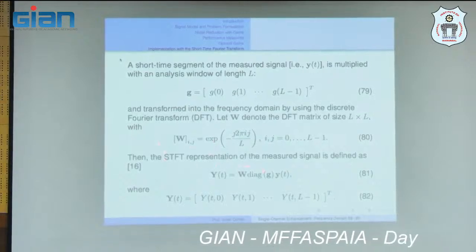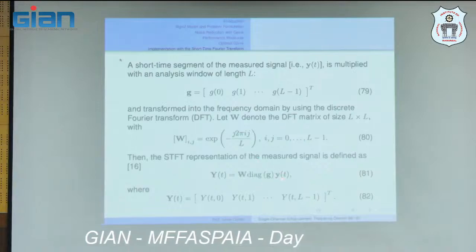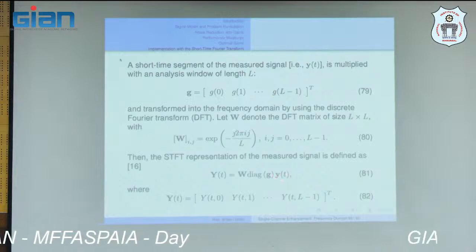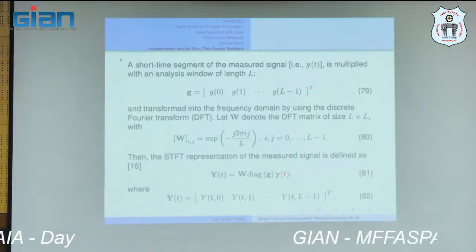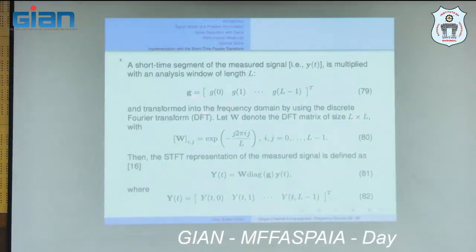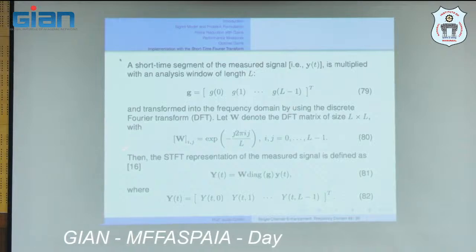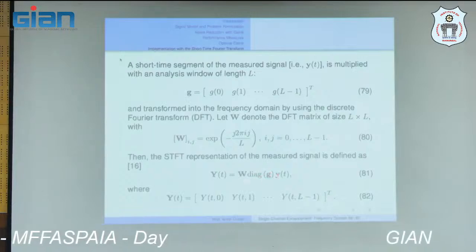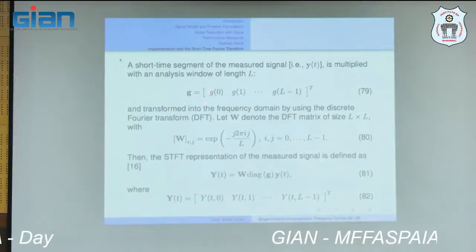And we will discuss how to compute the synthesis window. Here, this is the matrix of the discrete Fourier transform, which we know. So what we do here, we take the vector of measurements of length L. We multiply each sample in this vector with the sample of the window. Okay? So we can write it as a diagonal matrix G that is multiplied with Y. So we have here only L multiplications.